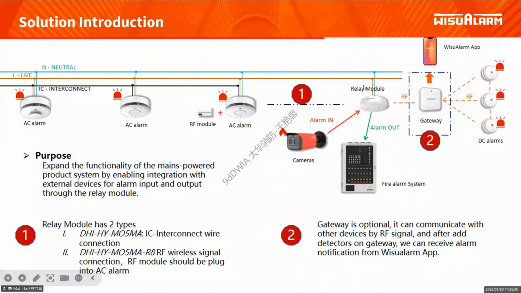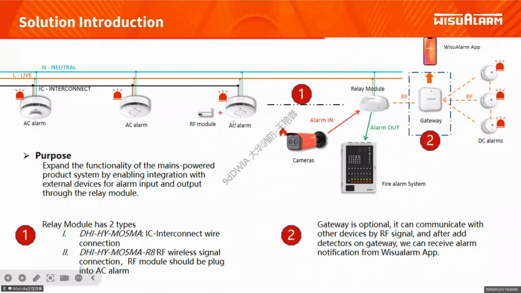And the whole solution works like this. One way is, for example, the cameras detect the fire. Firstly, we need to connect the cameras with the relay model, and the camera works as an alarm-in device. And when the cameras detect the fire, it will trigger an alarm, and the alarm will transmit to the relay model.